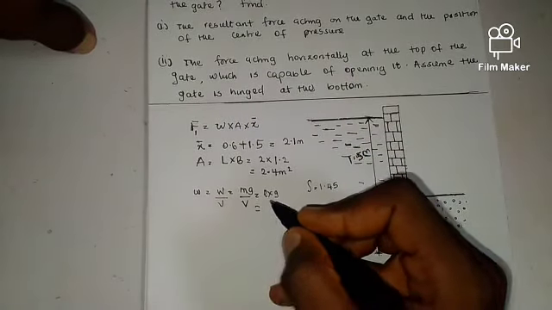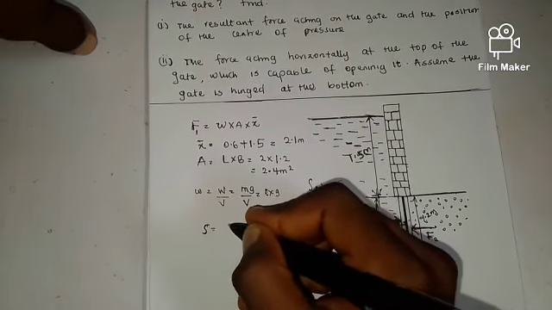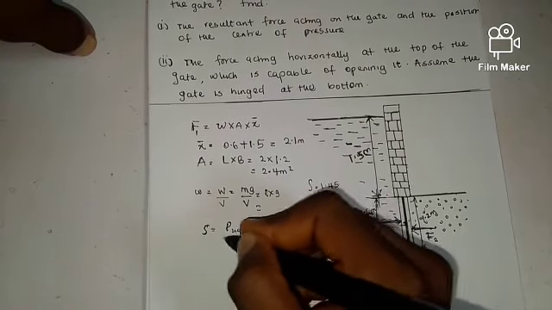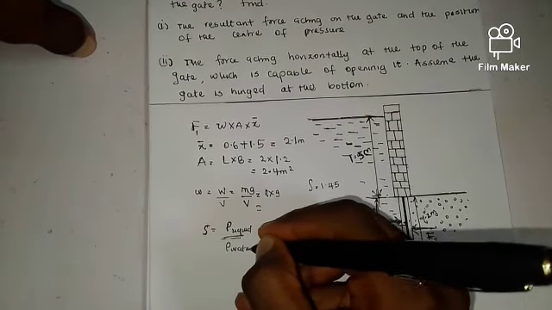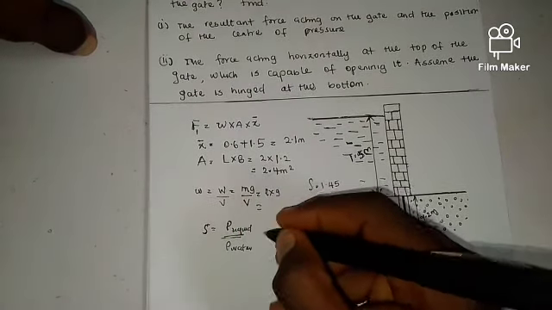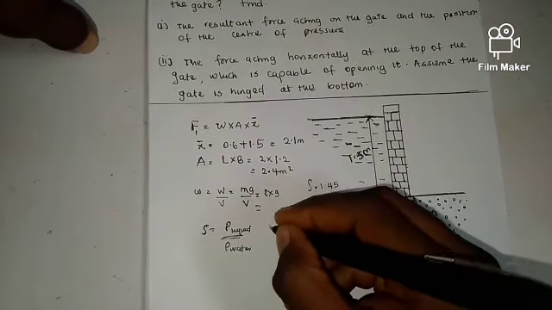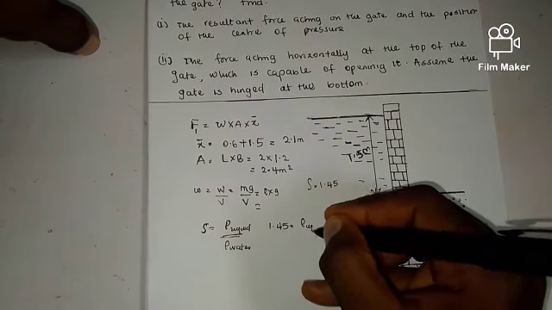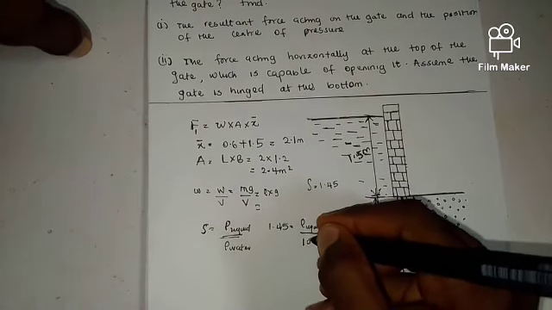So to get the density of this fluid, since they gave me the specific gravity, which is equal to the density of the liquid we are looking for over the density of water, right? Now the density of water is what? 10 raised to power 3, right? And the specific gravity they gave me is 1.45. So I can basically say 1.45 equals the density of the liquid divided by 10 raised to power 3.